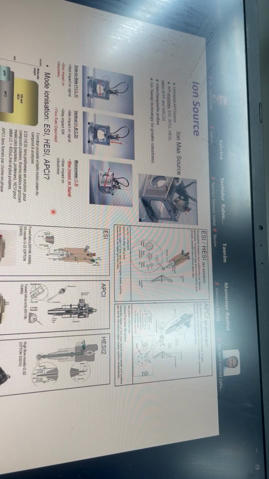Then we have different types of source. This is the electrospray ionization source. Sometimes if you use a heater, a thermocouple, to heat up the source, then it's called the heated electrospray ionization source. And then you also have the atmospheric pressure chemical ionization source.